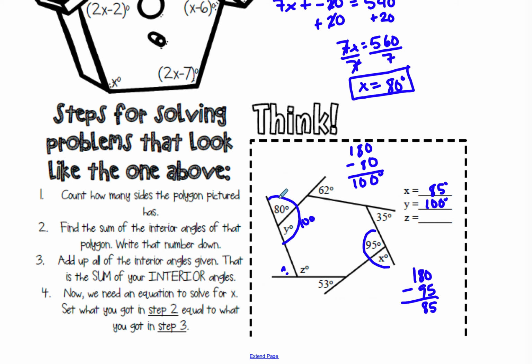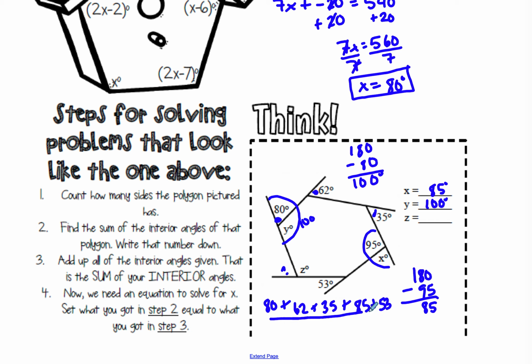So the exterior angles, the outside ones, equal 360. So I have 80 plus 62, this is exterior, plus 35, plus my x, which I found was 85, plus this one, which is 53.